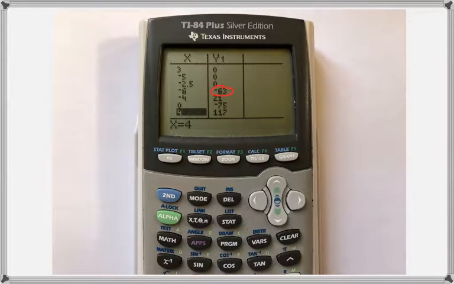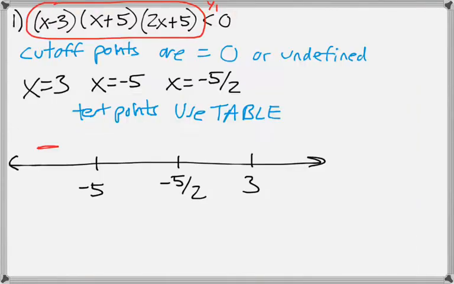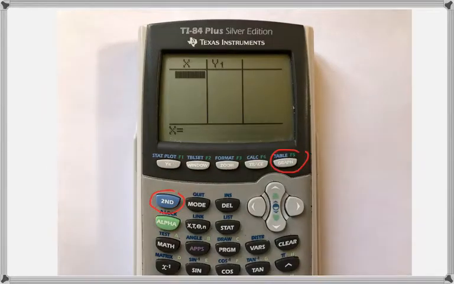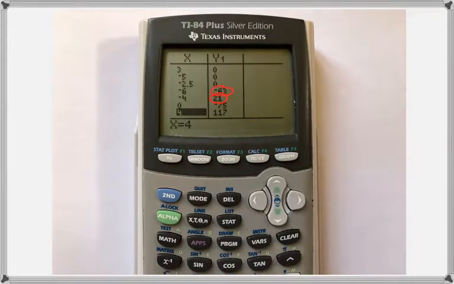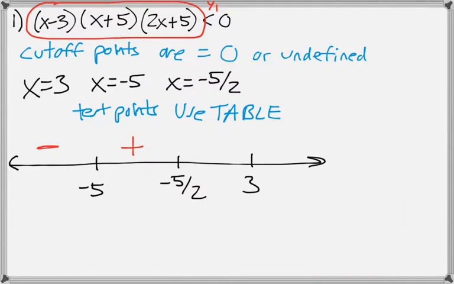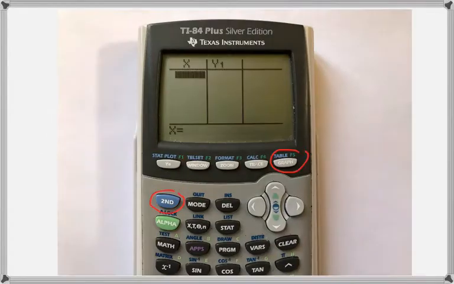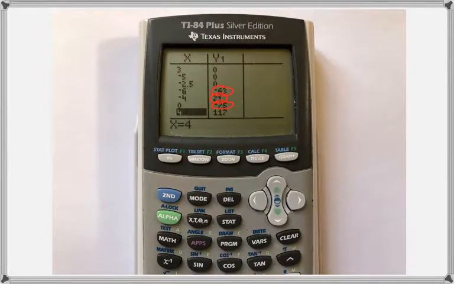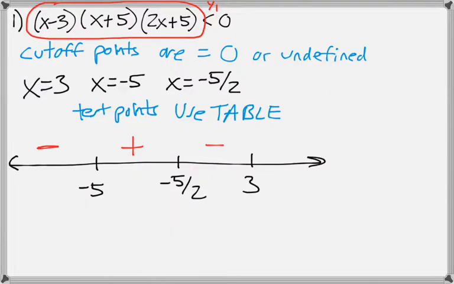If you plug in negative 4, you get a positive 21. So that would be a positive region. If you plug in 0, you get negative 75. I only care about the fact that that is negative. And lastly, if you plug in 4, you get 117, which is positive.